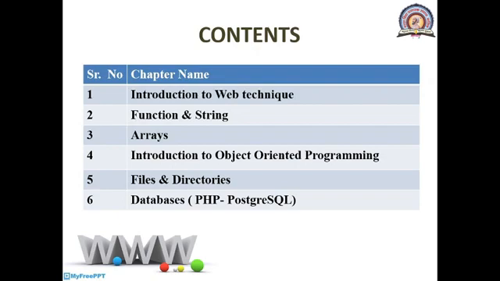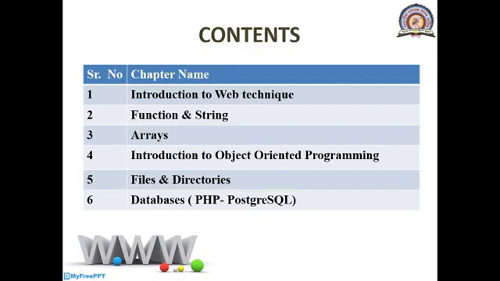Second chapter, Function and String. How to write user-defined functions in PHP programs, how to call those functions, which string operations are possible in PHP, how to perform those operations. These concepts are going to be covered in this second chapter.